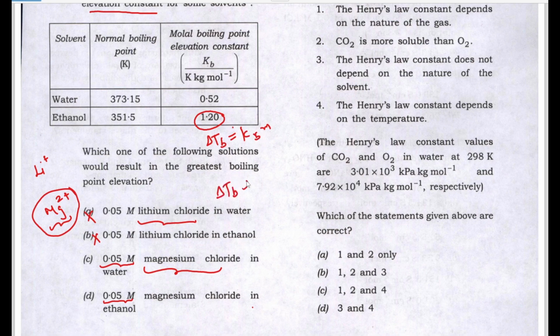Ultimately, boiling point elevation is directly proportional to the elevation constant, and whichever has the higher value of the constant has the higher boiling point elevation. So in the case of ethanol, the greatest boiling point elevation will be found. So D is the correct option in this question.